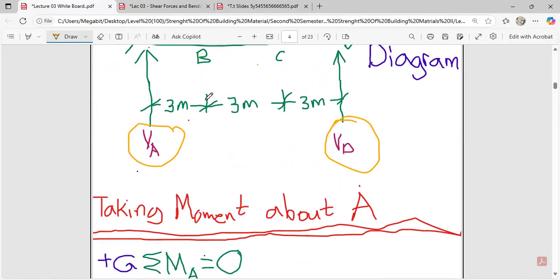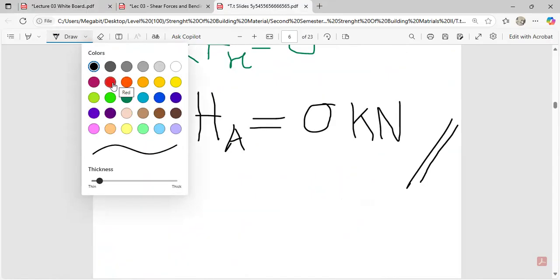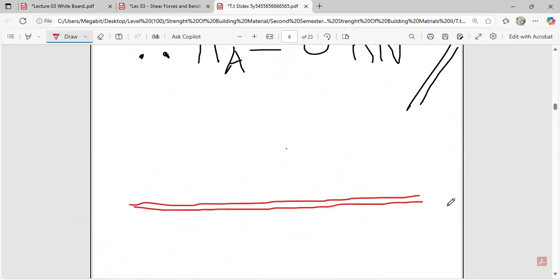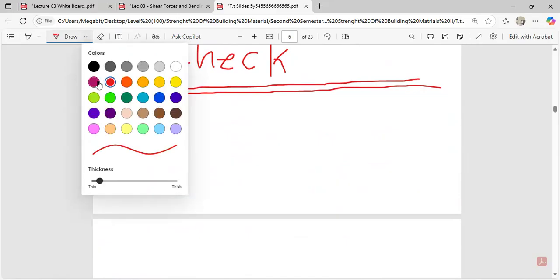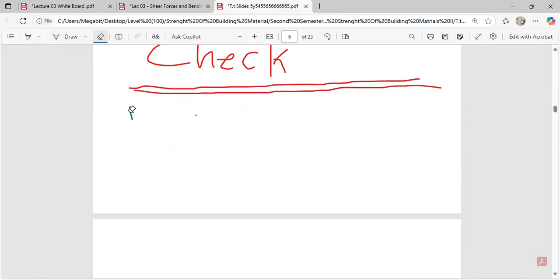Okay, so we come and write over here, considering all vertical forces, or in other words, let's say sum of Fy. Because the Fy normally talks about the vertical axis, let's still maintain this rule for positive.